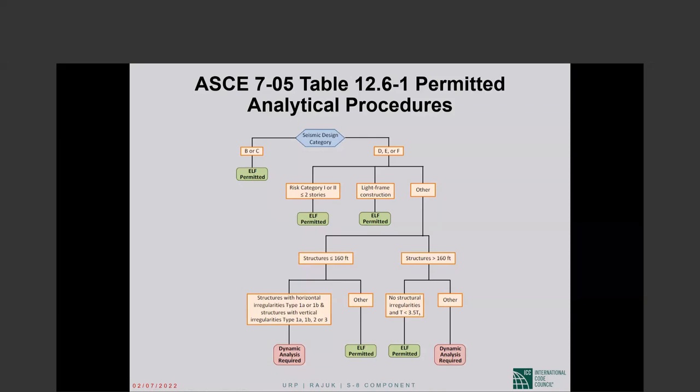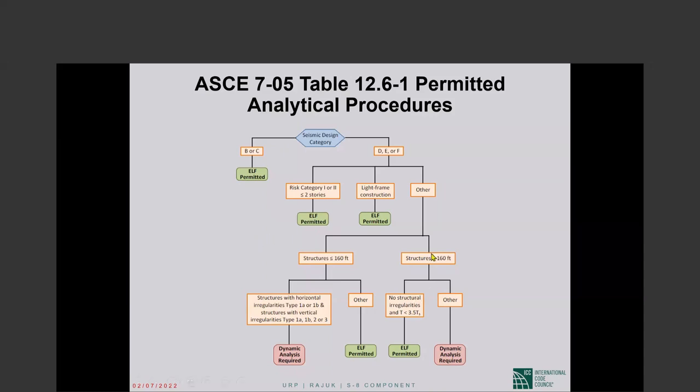T of 1.75 seconds would be the period of a 17, 18-story frame building. So we are saying shorter buildings can be designed using the equivalent lateral force procedure. Taller buildings, you have to do dynamic analysis.